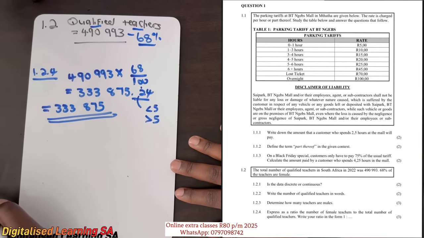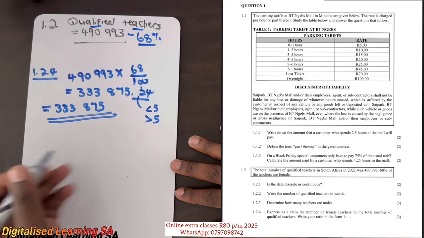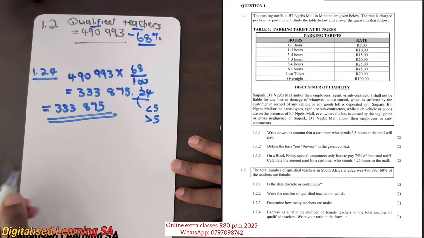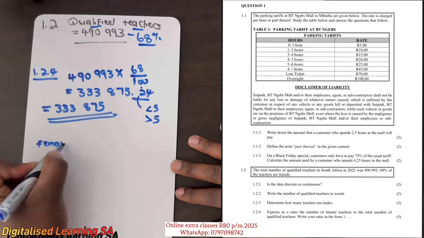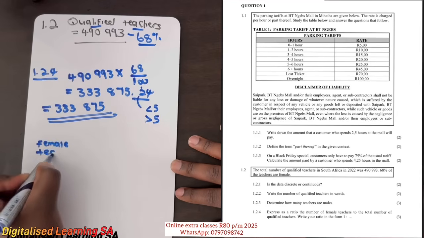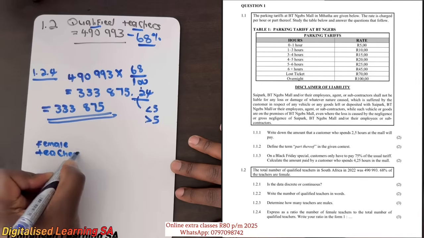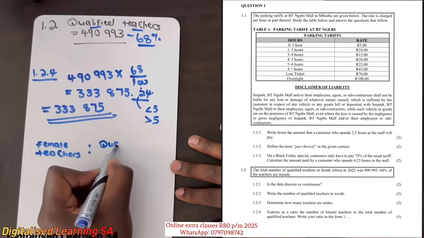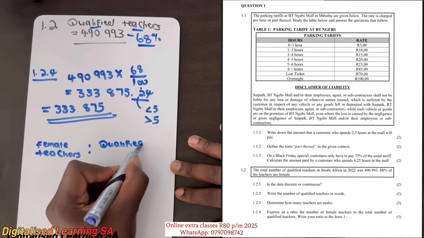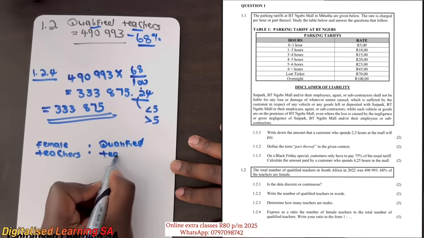Our question says to express as a ratio the number of female teachers to the total number of qualified teachers. What does that mean? That means that we need to write the number of our female teachers is to the number of qualified teachers.